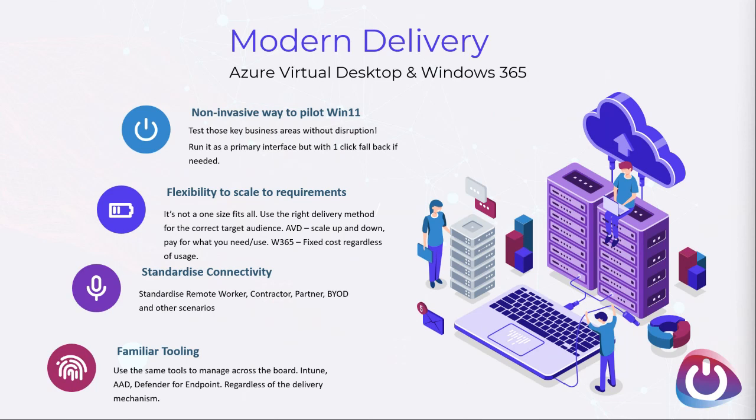They can simply close the 365 window and continue with their standard Windows 10 desktop that's been embedded in already. It makes a very compelling method to start doing very quick, easy pilot activities for Windows 11.